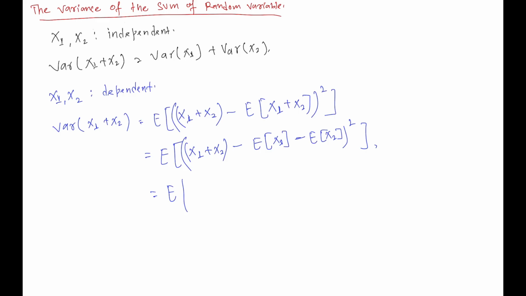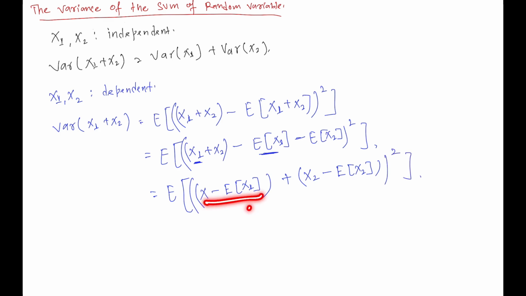Let's rearrange a few terms here. So here we will have x1 minus the expectation of x1. We have combined these terms, and now we will have x2 minus the expectation of this random variable x2, and do not forget the square term will be there.